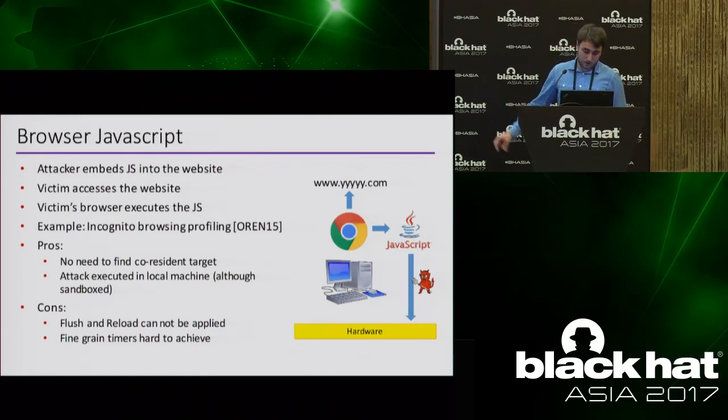On the disadvantages side, Flush+Reload cannot be applied, as JavaScript is a very high-level language, and Flush+Reload requires very low-level instructions that are not available in JavaScript. Further, fine-grained timers are getting harder and harder to achieve. But there are still ways to trick this, though they are not as simple as using a timing counter.